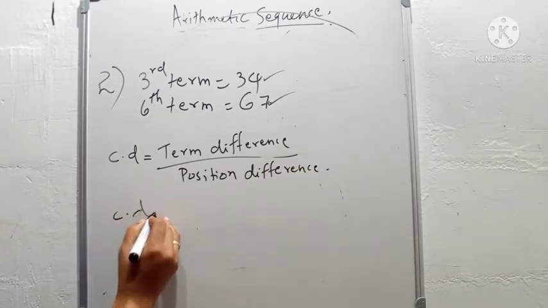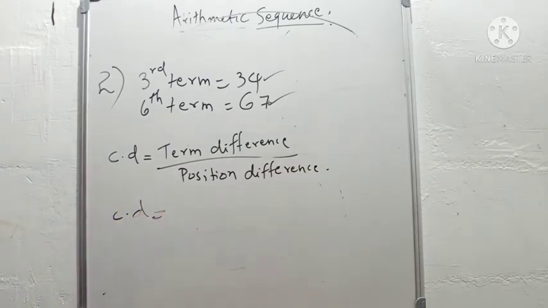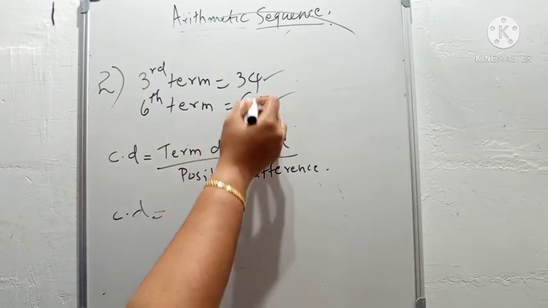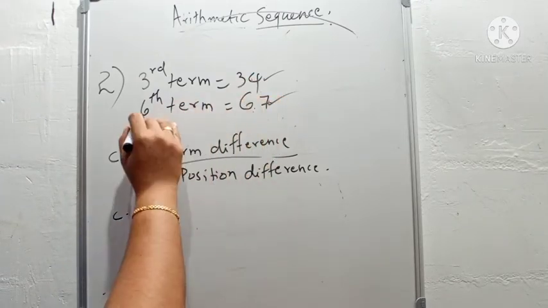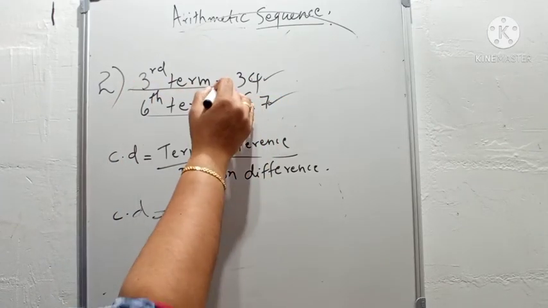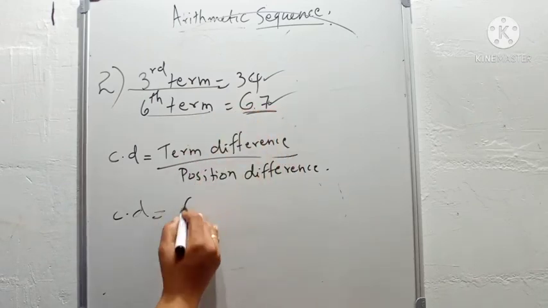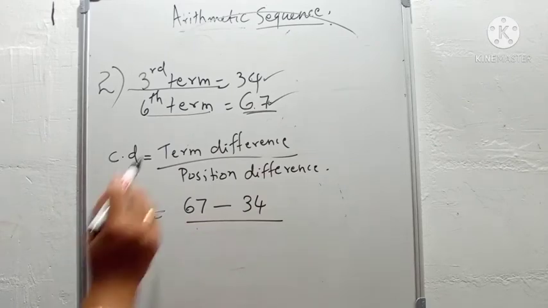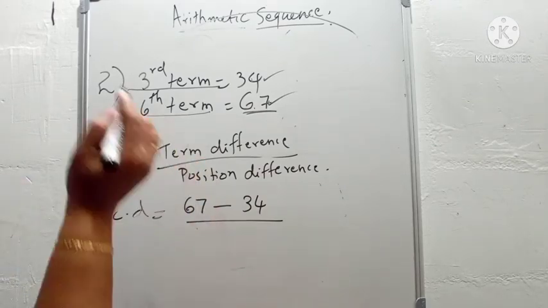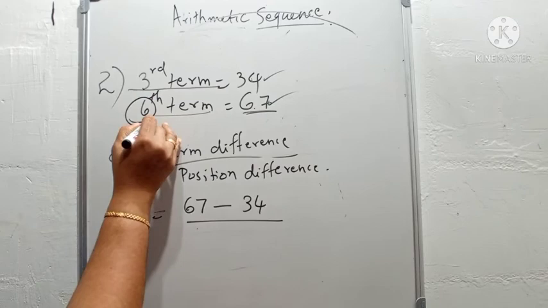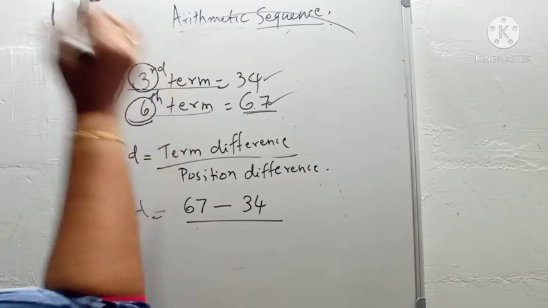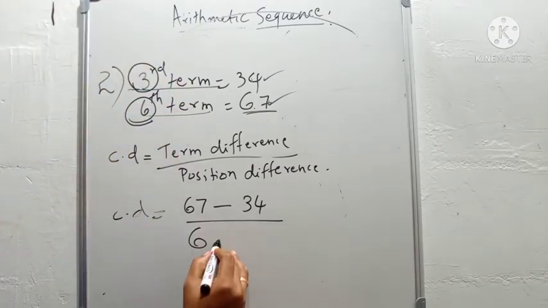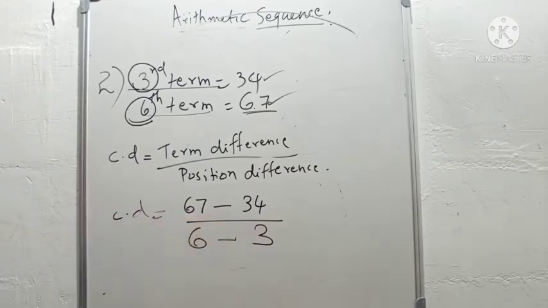So how do we find the common difference? The terms here are the sixth term and the third term, so the term difference is 67 minus 34.